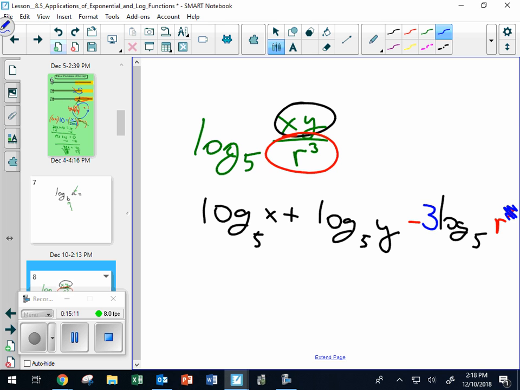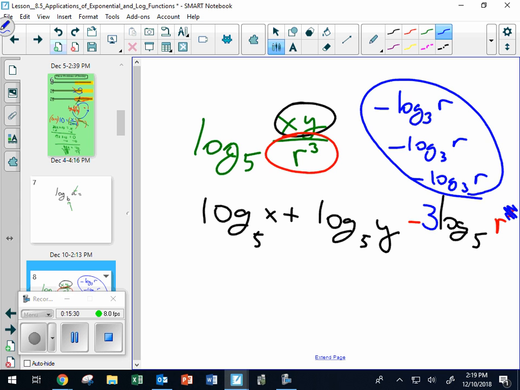Yes? You can, but let me show you something. It would be minus log base 3 of r minus another log base 3 of r minus another log base 3 of r. But what does that all add up to? Negative 3 log base 5 of r.